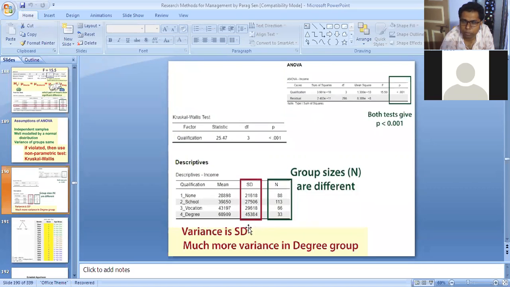It is 45384. So ideally, instead of ANOVA, you should perform the Kruskal-Wallis test here. But even if you do, it will provide the same results as ANOVA. So this is all about one-way ANOVA.